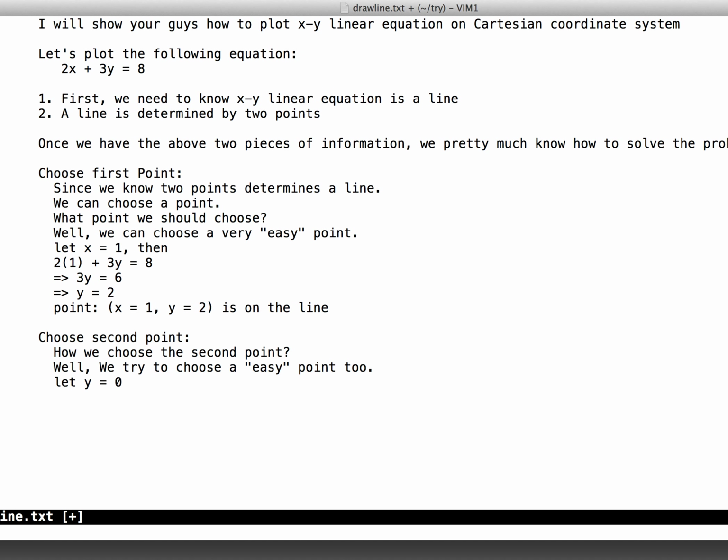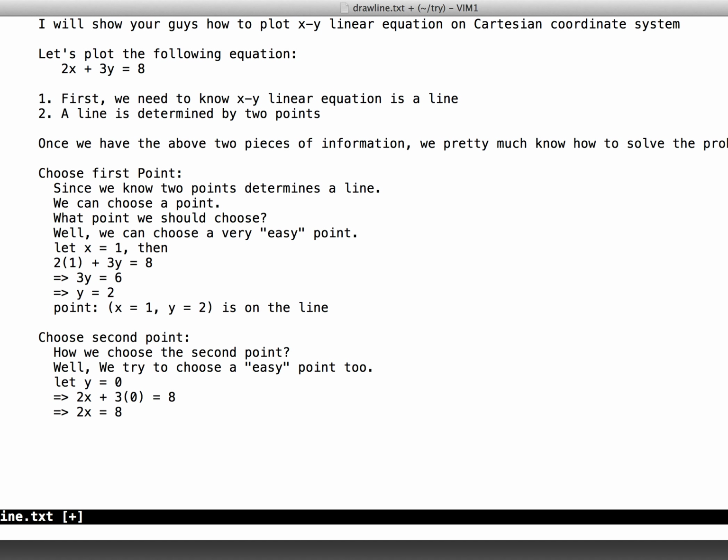So just let y equal to 0. Right? 0 is an integer. Then we have 2x plus 3 multiplied by 0 equal to 12.